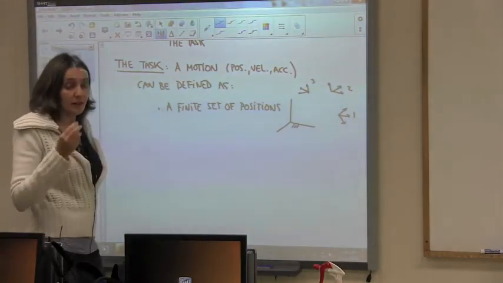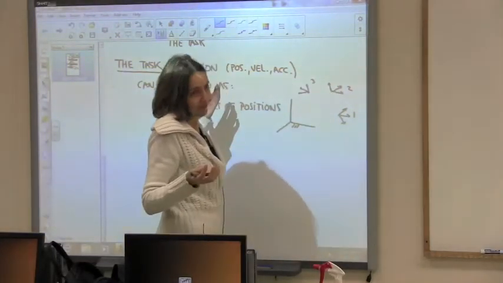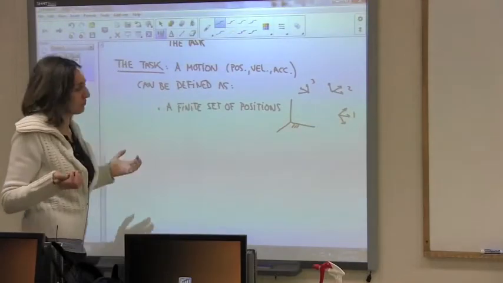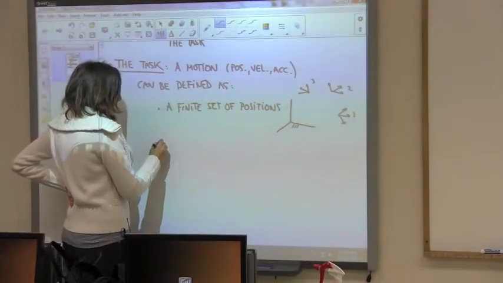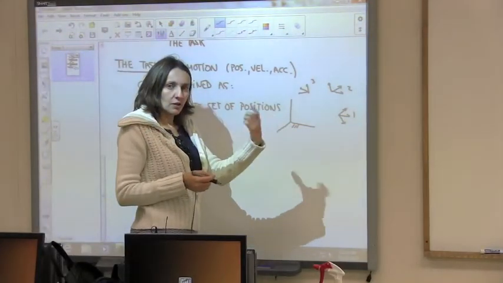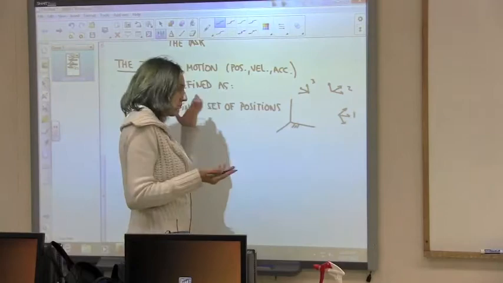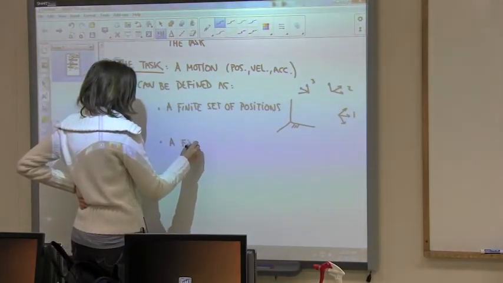This is the simplest case, and because it's the simplest, this is the one we are going to deal with first. There is even a simple case in which you don't care about the orientation. You just define a finite set of points.